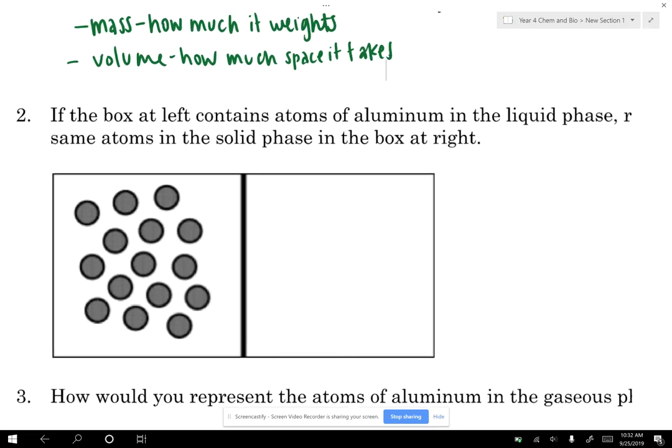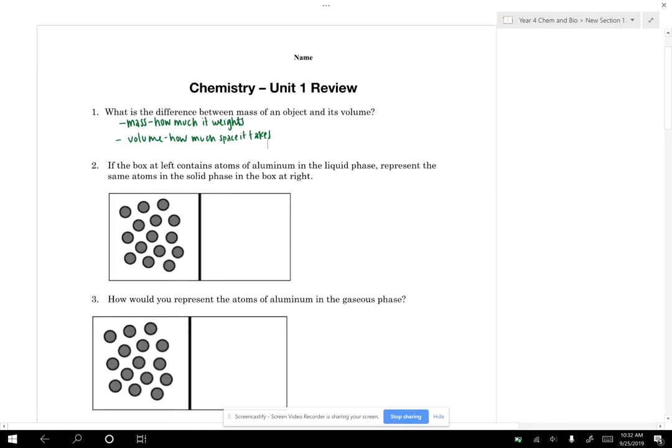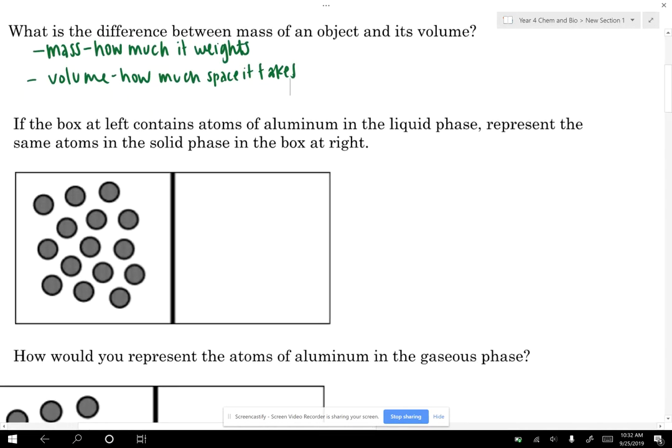Moving on, this is our states of matter sort of deal. You have to remember that there are 3 states of matter that we focused on: solids, liquids, and gases. They want us to represent these atoms that are currently liquid and solid.